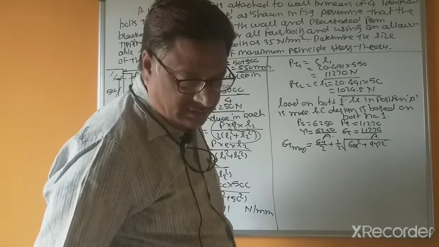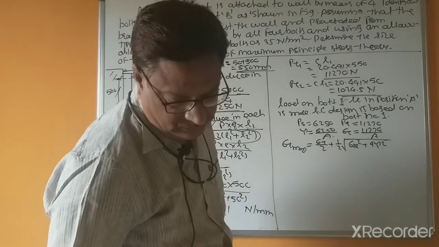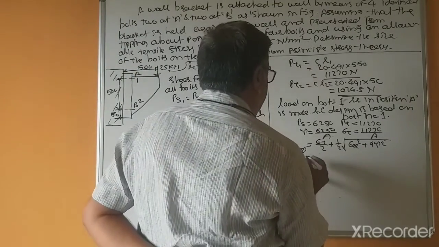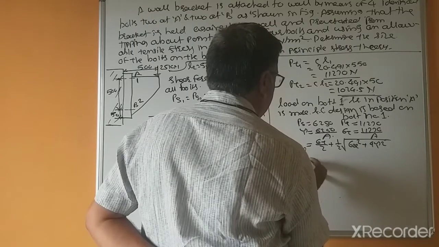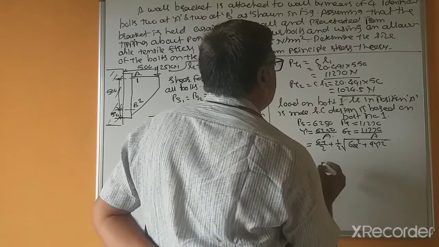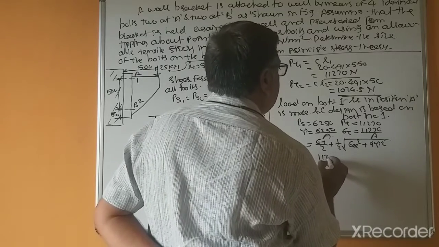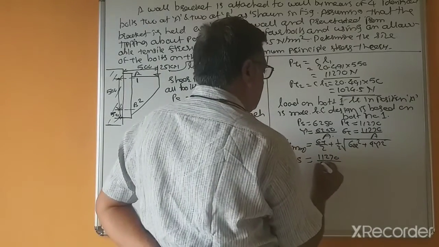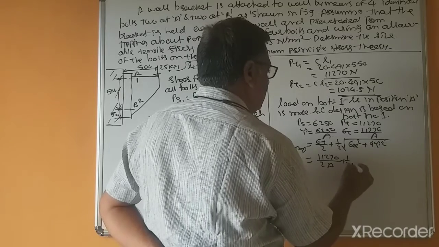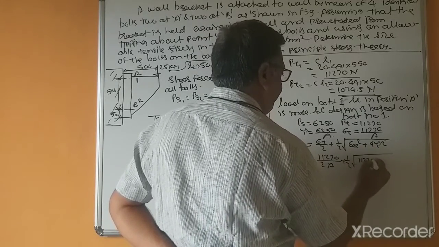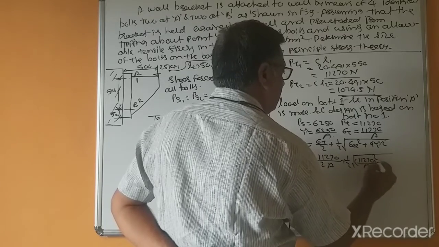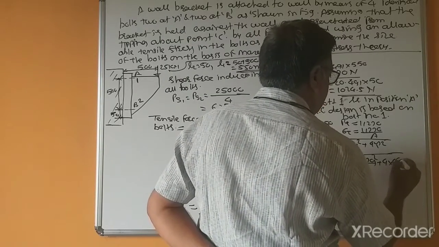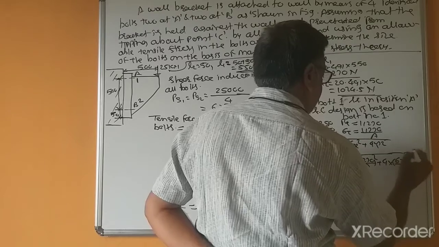I think this formula is correct. Right. So that's why we can write sigma T equal to 11,270 divided by 2A plus half into square root of (11,270 divided by A) square plus 4 into 6250 divided by A square.